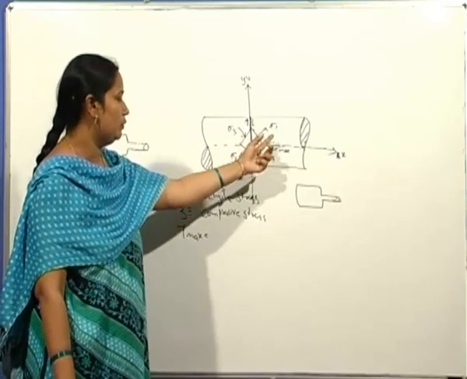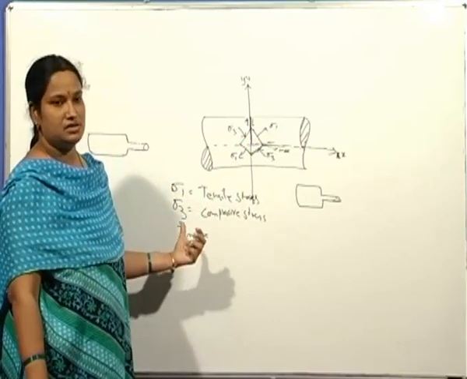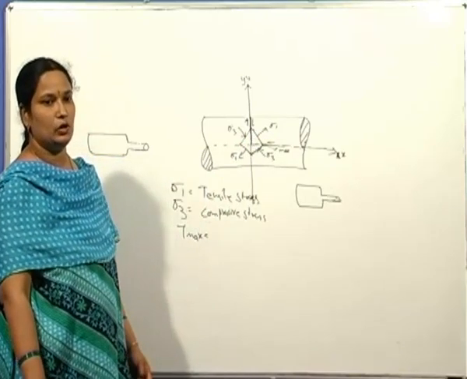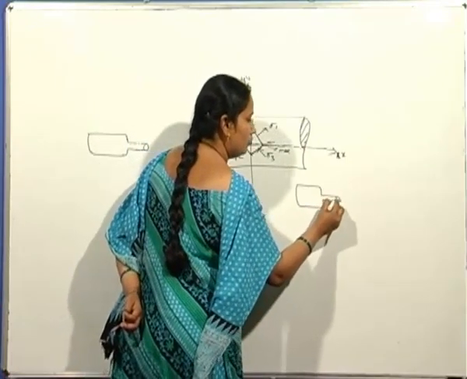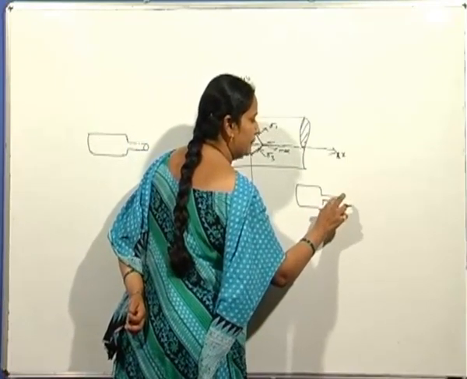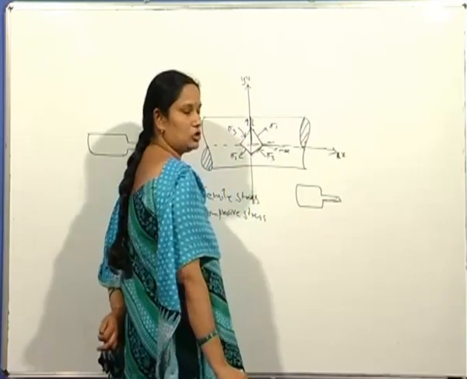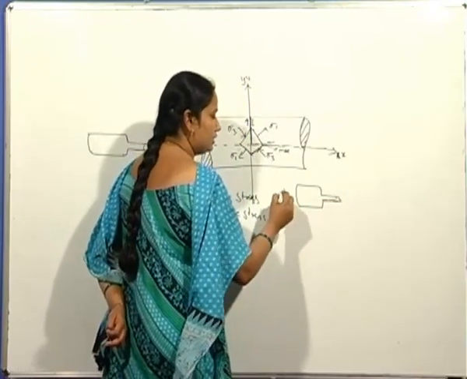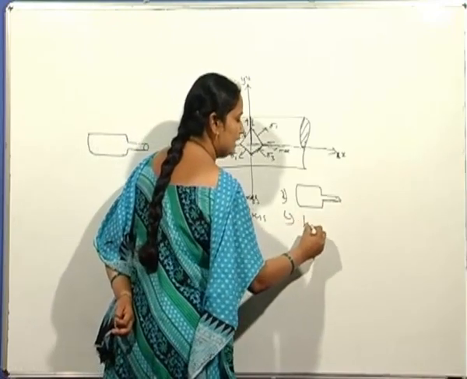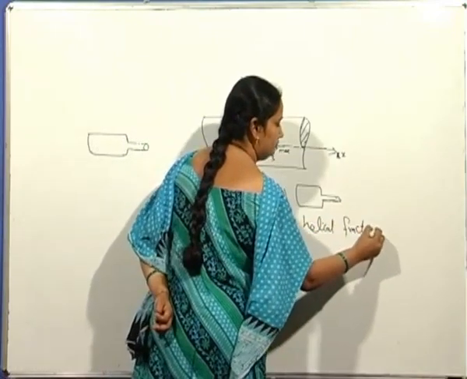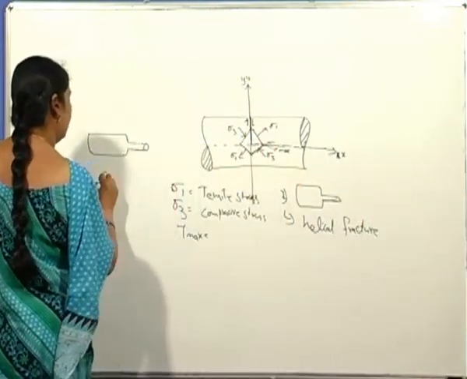This is the plane over which the normal tensile stress is acting. So this is how the failure looks for the case of a brittle material which fails in torsion. The failure appears to be like that of a helical fracture.